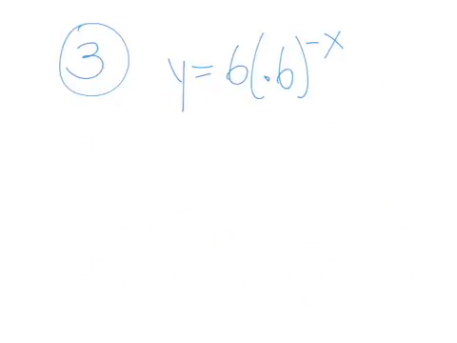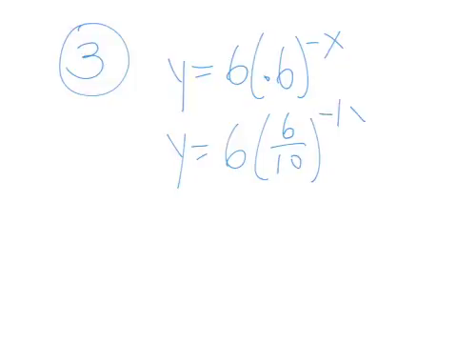Okay, so the first two examples on the previous slide were very basic. Their base values were greater than 1, which was easy to identify. Problem number 3, though, doesn't have a base value that's easy to identify. What I can do algebraically is take 0.6 and write it as 6 over 10, which is definitely less than 1 and greater than 0.